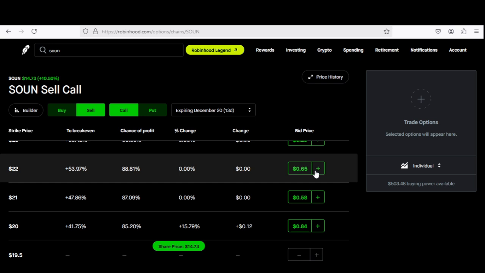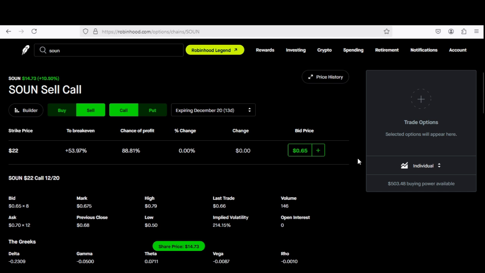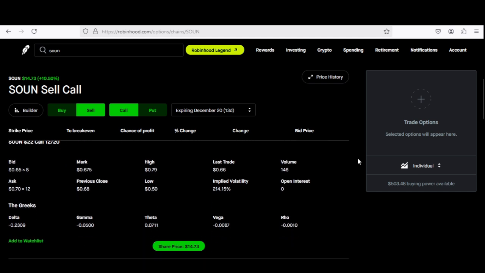Now, another reason that I chose the $22 strike price as opposed to the others, let's once again go into the Greeks. Hopefully you remembered that the LEAPS option I chose was 0.96 delta. Now I'm almost about 2 weeks out with my strike date, and the delta I chose is 0.23. Once again, there is a reason for that.